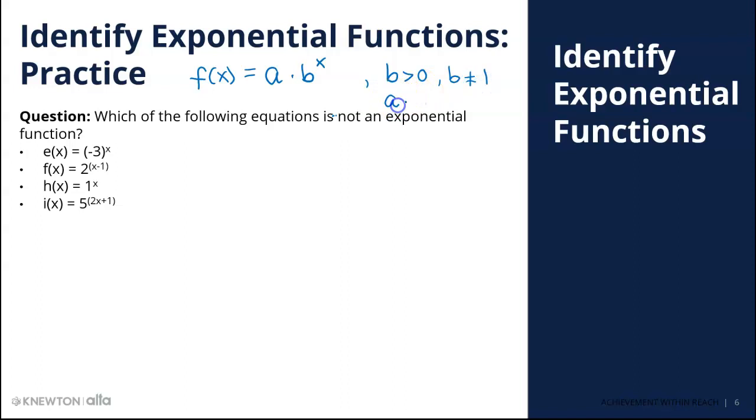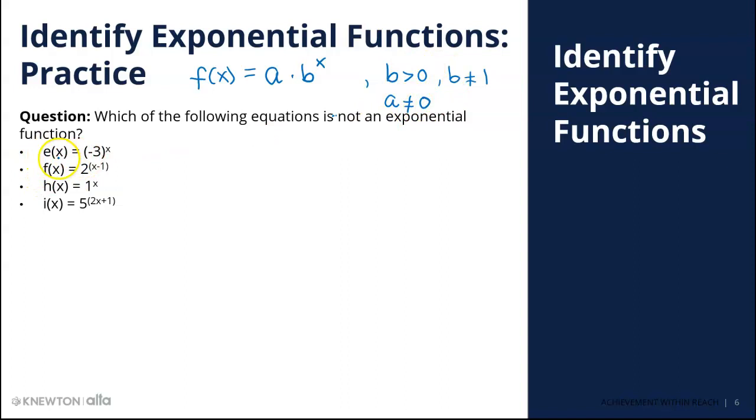So these are the restrictions here. A must not be equal to 0, because if a is 0, then this is just f of x equal to 0. And then b, the restriction for b is that b has to be positive, but not equal to 1. By looking at each of the functions here, see which ones do not satisfy this criteria.